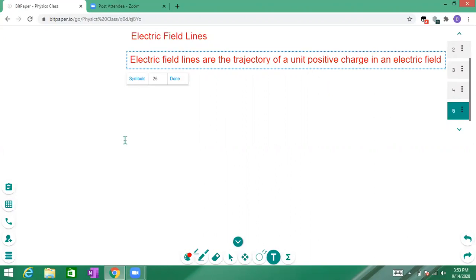So how to find out the electric field lines? Let me see. We have just to find out the trajectories of unit positive charge.